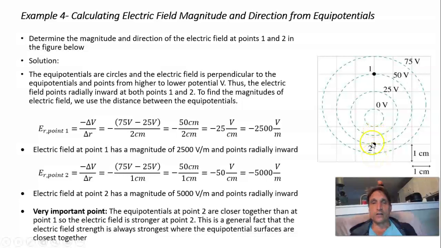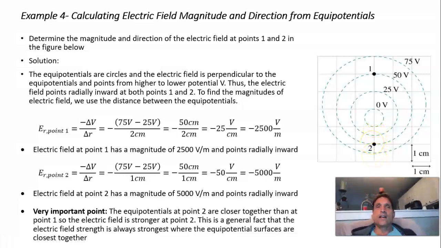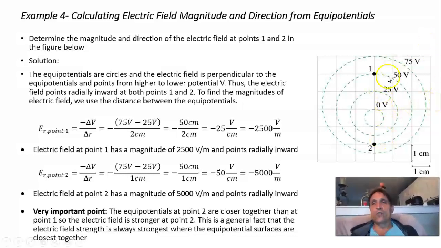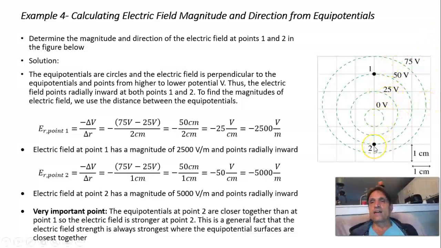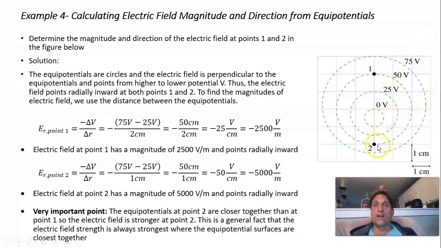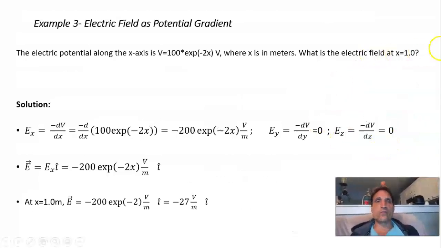On an exam or a quiz, you should be able to look at this graph of equipotentials and calculate the magnitude and direction of the electric field from the equipotentials, just like you should from a mathematical expression by taking the derivative.